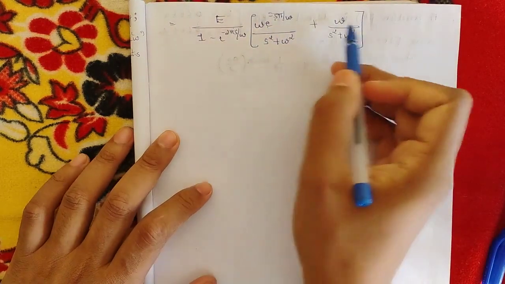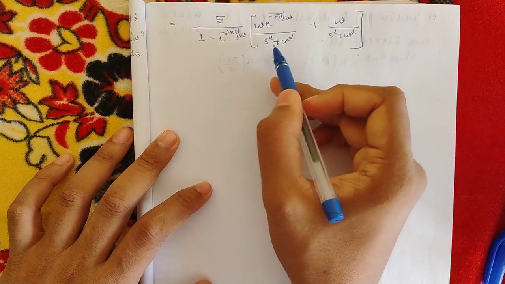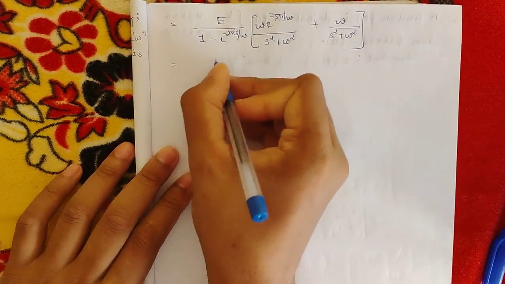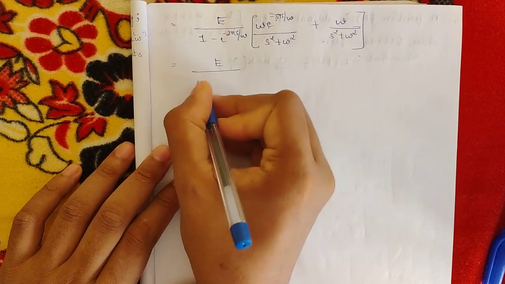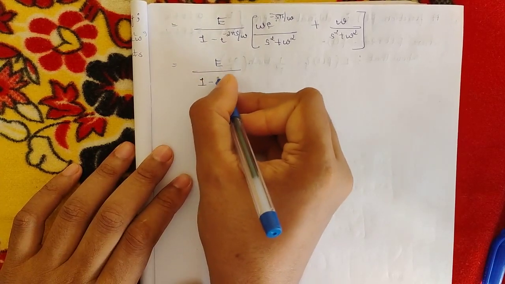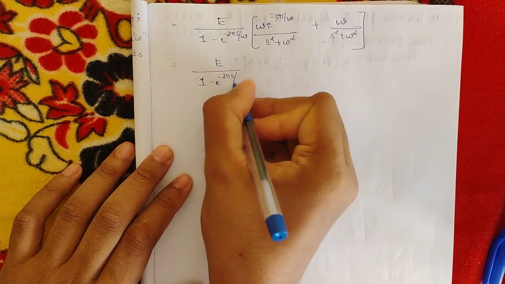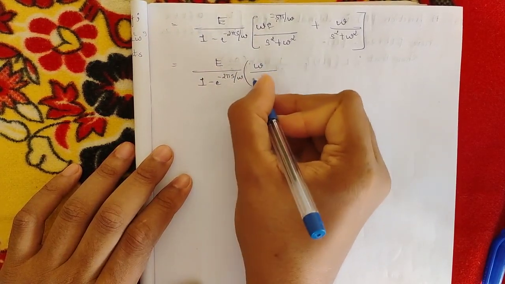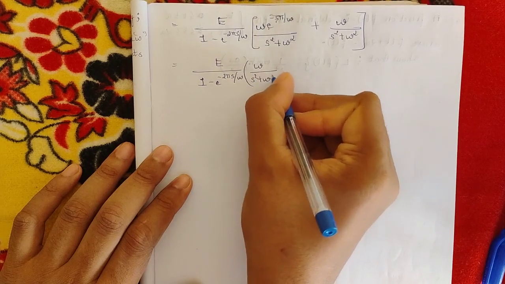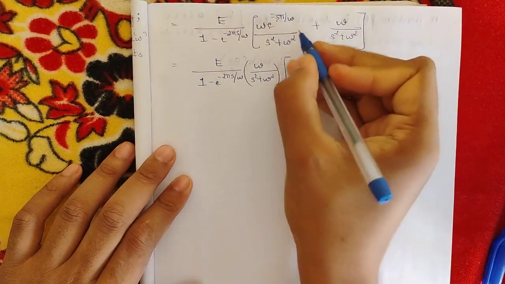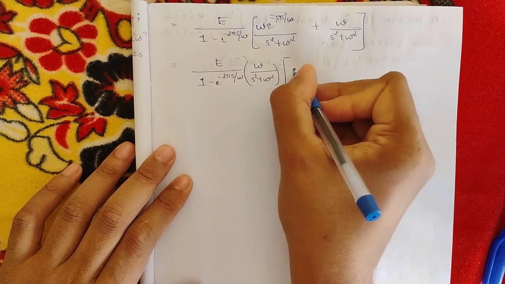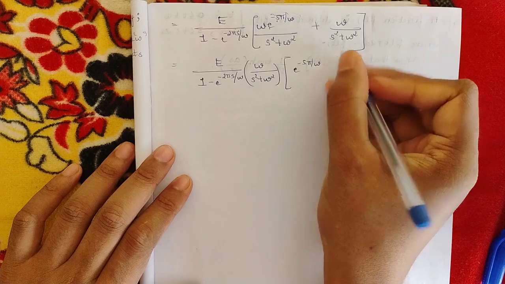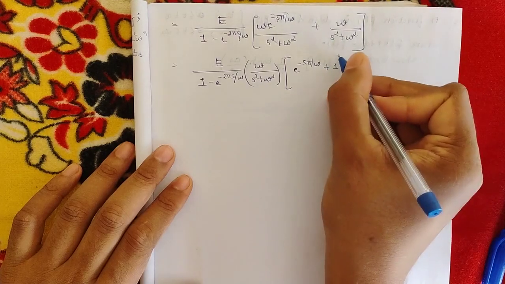So now in these two terms, if you observe carefully, omega divided by s square plus omega square is common. So that I will be taking outside. That is e divided by 1 minus e to the power minus 2 pi s by omega into omega divided by s square plus omega square I have taken common. So we are left in the bracket with e to the power minus s pi by omega plus 1.